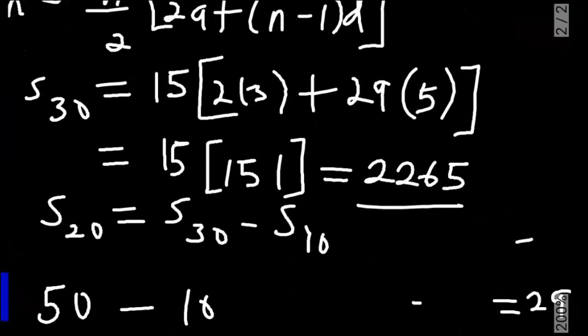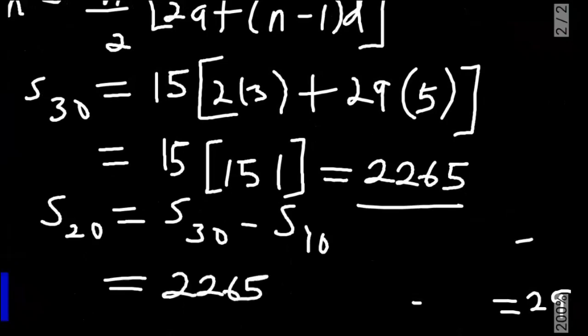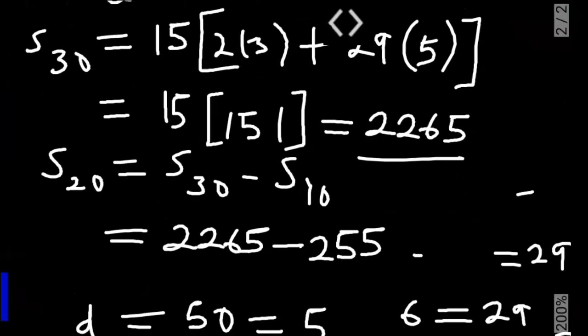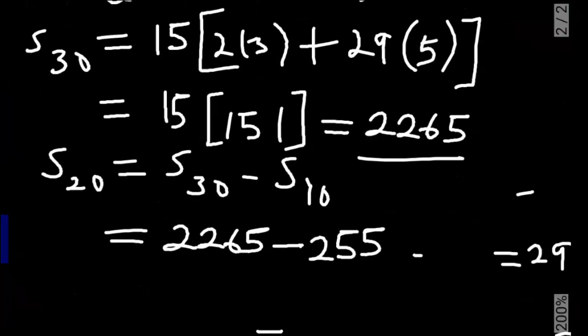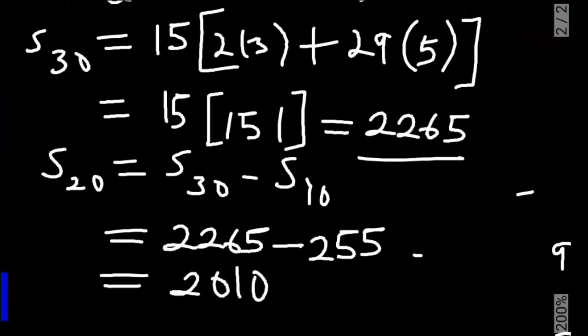So we have 2,265 minus 255. So here we have 2010. So this is the sum of the next 20 terms.